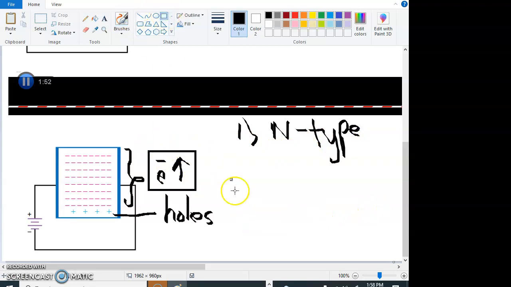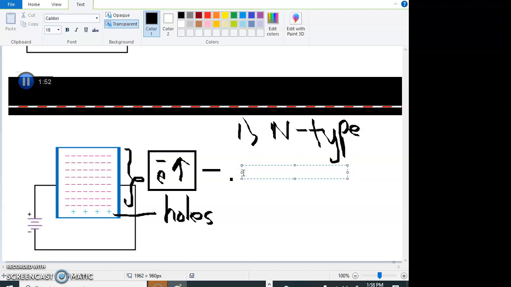Meaning to say, if there are much more electrons as compared with the holes, these electrons are what is known as the majority carrier. They carry the negative charge. That's the reason why they are called the majority carrier.